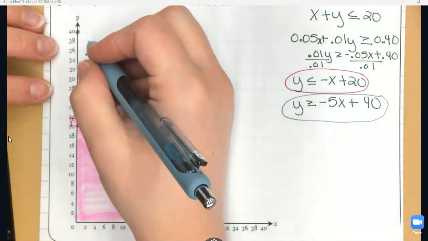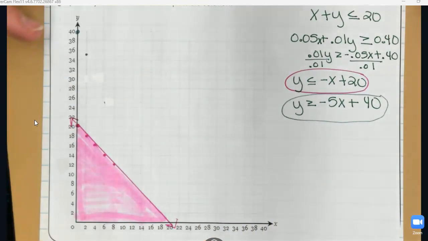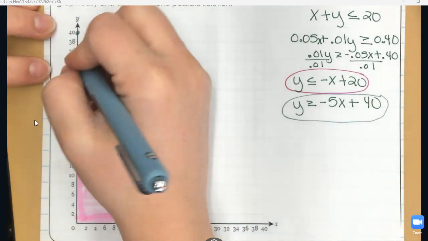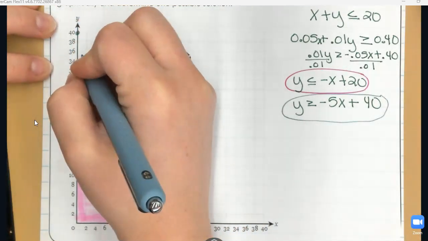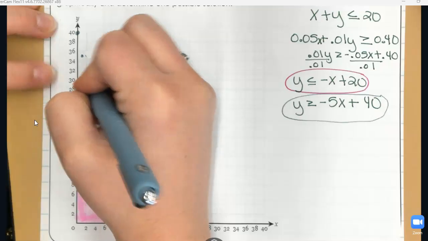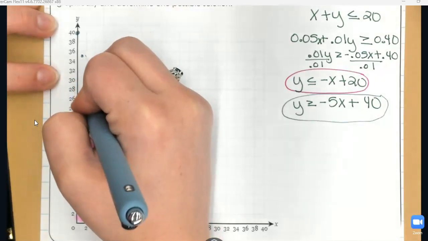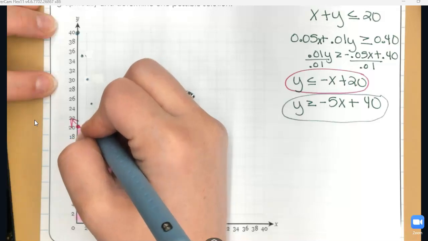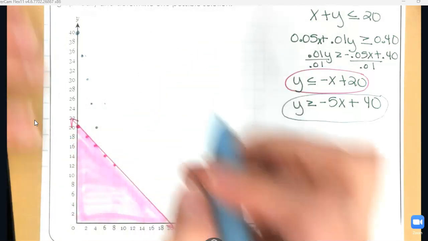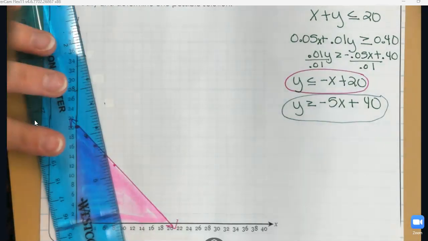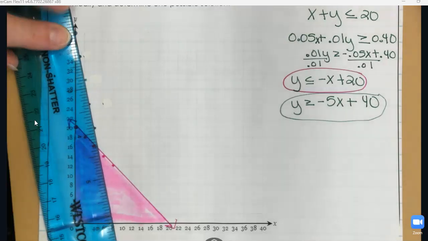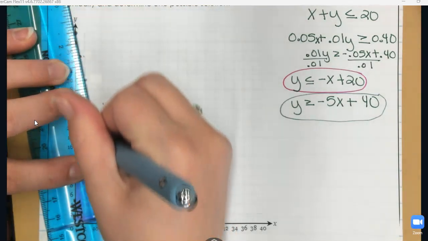Okay, so back to the start. So I'm starting at 40, down 5 over 1, down 5 over 1, and so on. I've got enough points that I can connect the dots now. And this one will also be a solid line because my inequality is underlined.